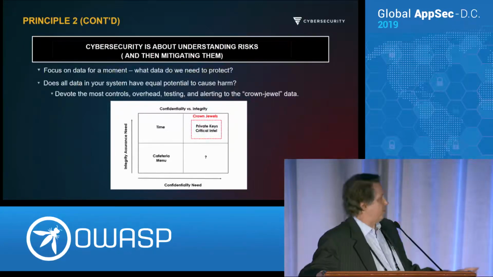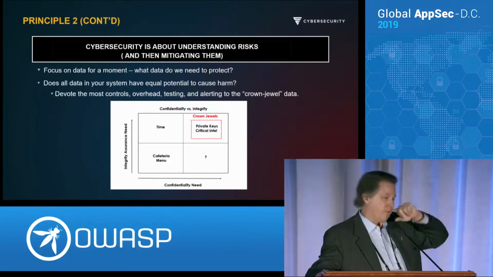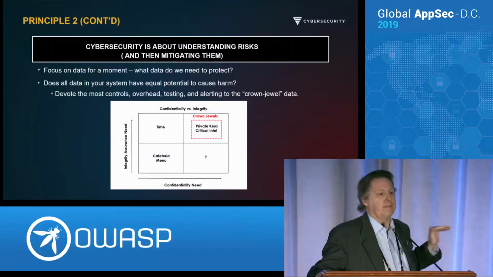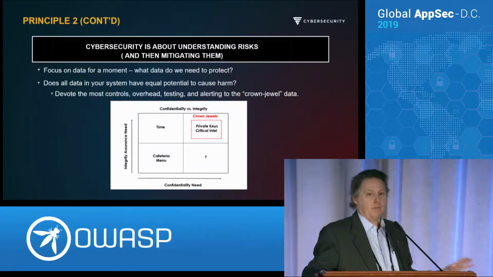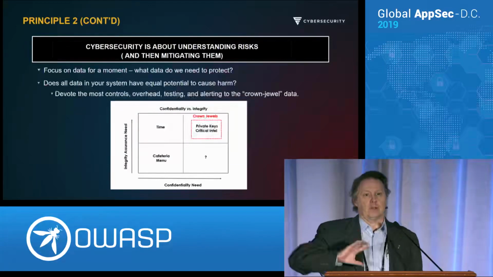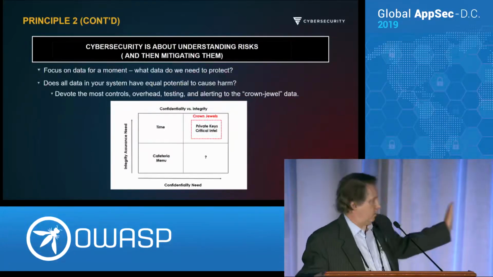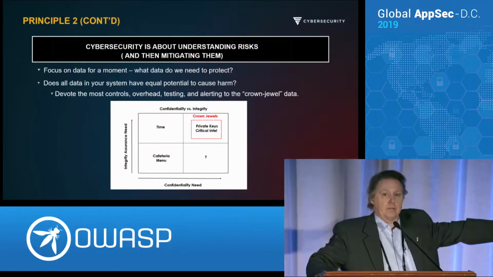So crown jewel data, and there's lots of ways to think about it, but I just picked a simple one for this presentation. The bottom axis is how important confidentiality is for your data. And it's if confidentiality is compromised, unauthorized parties got hold of this data, how high is the impact? Not much impact on the left, very, very serious, grave impact on the right.